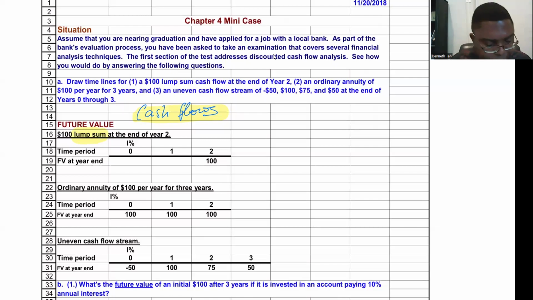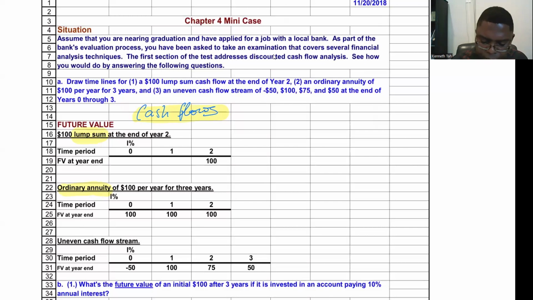The second type of cash flow that we want to talk about is what we call an ordinary annuity. An ordinary annuity basically implies the cash flow comes at the end of each period. So for example, an ordinary annuity of $100 per year for 3 years. The cash flow will look like this.